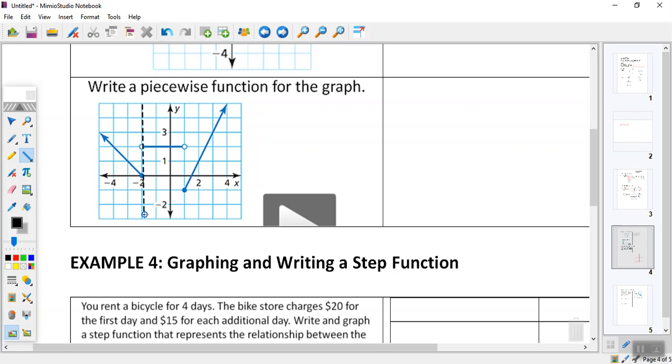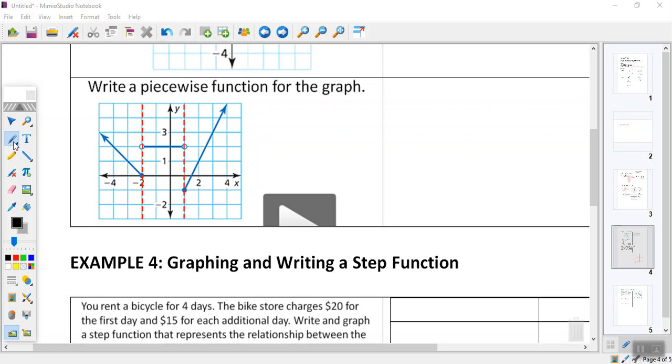I'm going to draw a line at -2. Where else do I have another dotted line, kids? 1. So when I write this piecewise function, how many parts are there going to be? 3 of them.